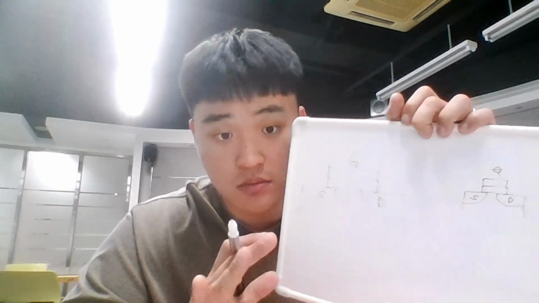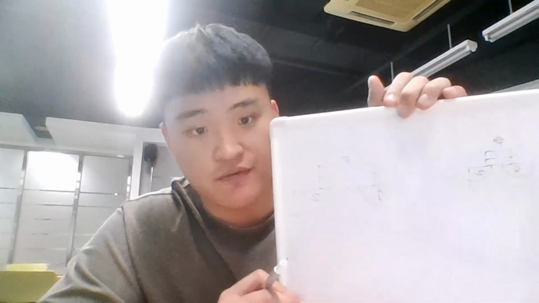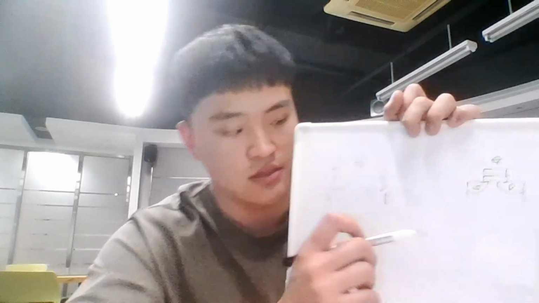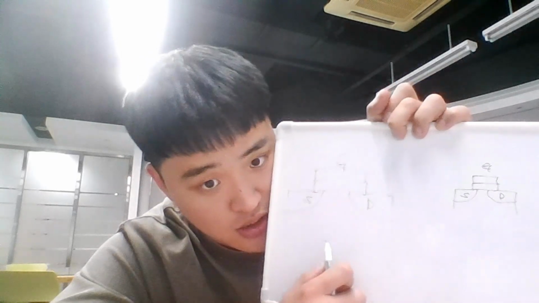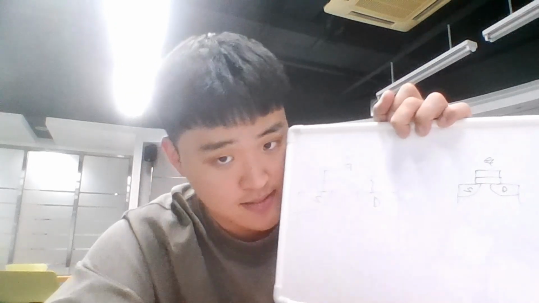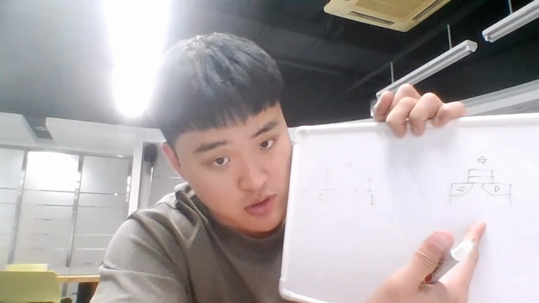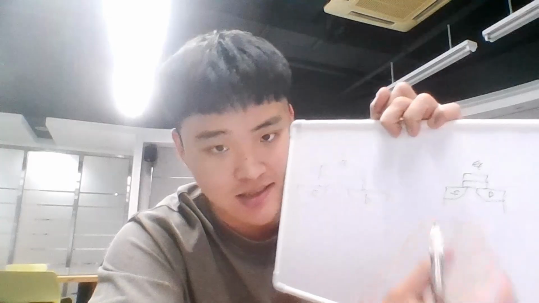And today we're going to talk about punch-through, which is one of the short channel effects in MOSFET. We're going to talk about punch-through with these figures, which show a MOSFET with a long channel, long gate length, and a short gate length like this.